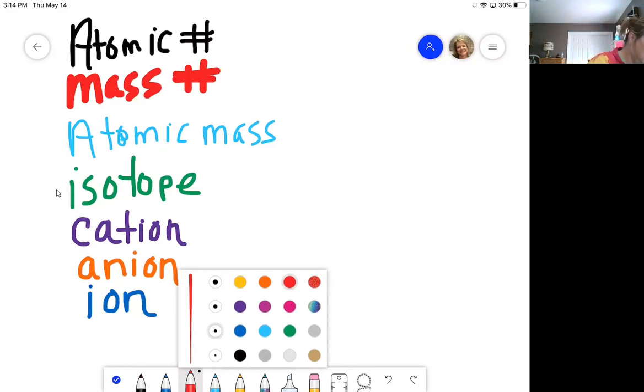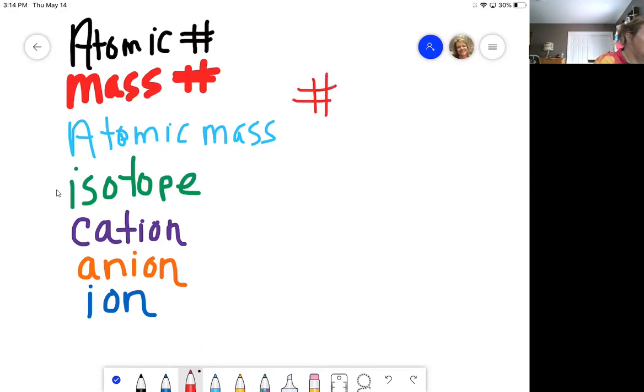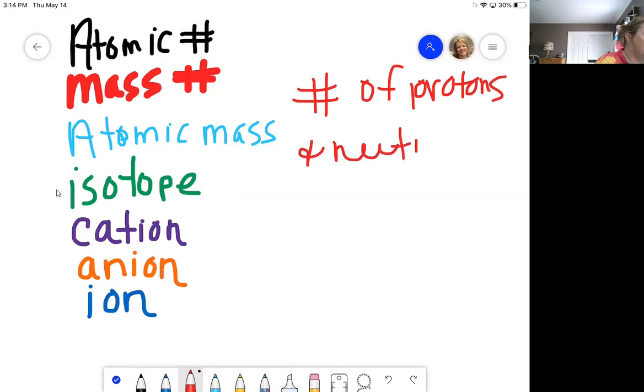Now, mass number by definition is the number of protons and neutrons in an isotope.